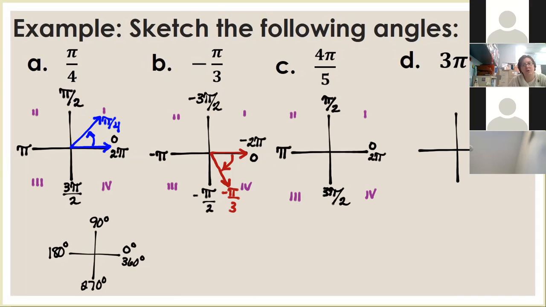What quadrant would 4 pi over 5 be in? Second quadrant, yes. That's a little bit less than 1. So my terminal side is going to be right about there. 4 pi over 5. Clockwise or counterclockwise on our very last example here?